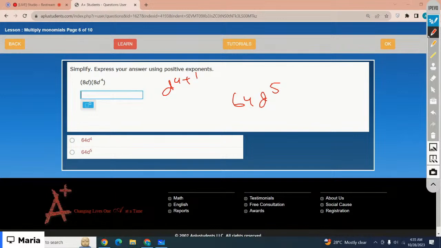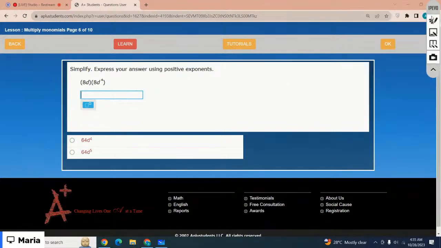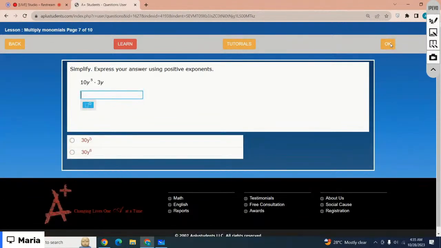The correct option is option number 2, 64d^5. Okay, 10 times 5 times 3y, which is the correct option. That is 30y^6. The correct option is option number 2, that is 30y^6.